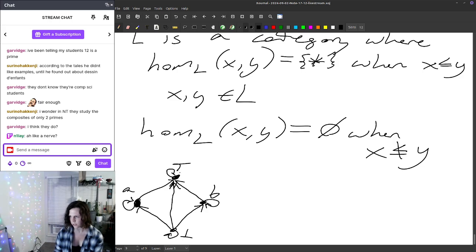If you want to say it like this, what I just did is saying that there is a functor from the category of lattices, like the variety of lattices, to the category of categories, where homomorphisms between lattices become functors between the corresponding categories.